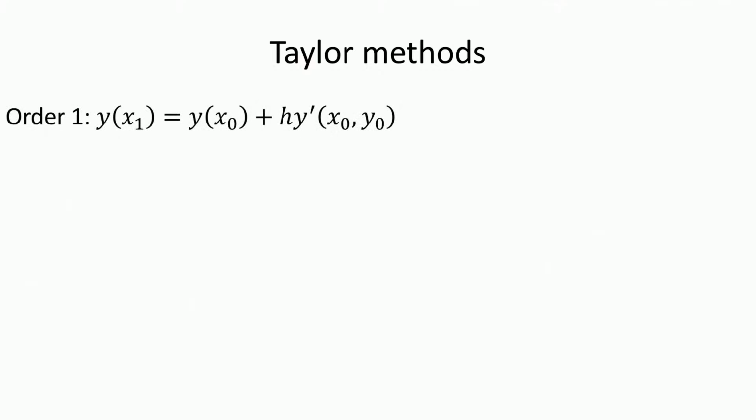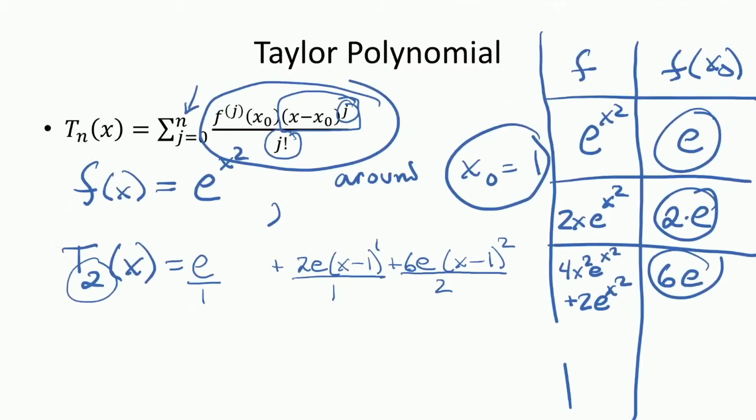The Taylor methods take the Taylor polynomial of degree 1, 2, or 3. So here the order 1 is the Taylor polynomial of degree 1. I know it looks a little different than what I had on the previous slide, but here's the deal: you have the function value, and I'll go back to the other slide so you can see this. The function value, that's this right here.